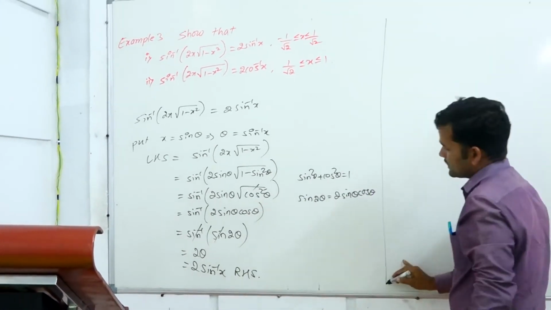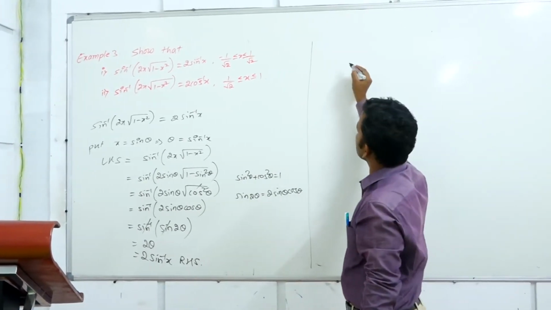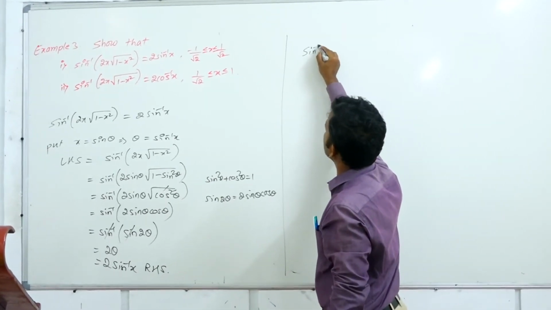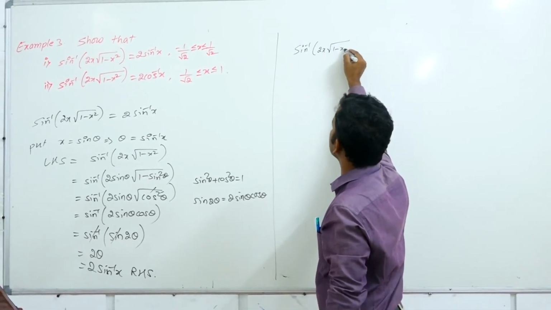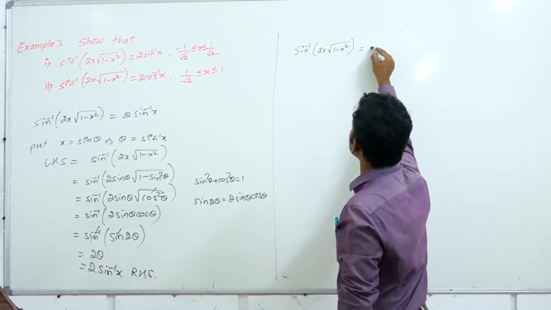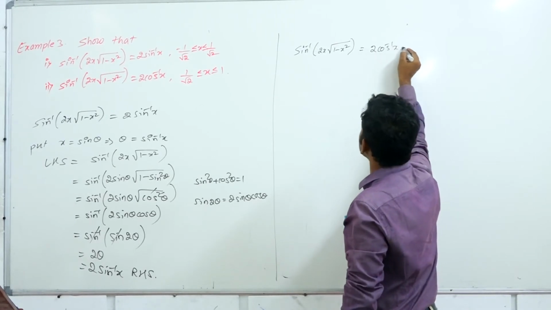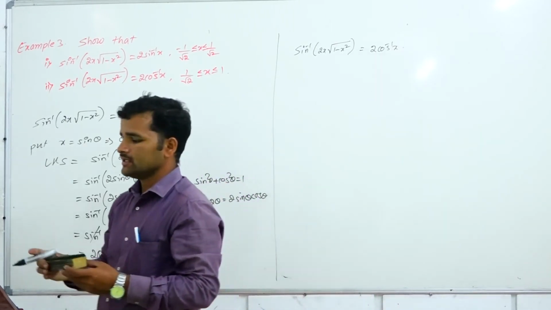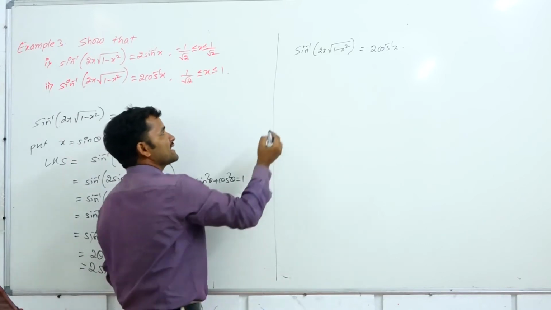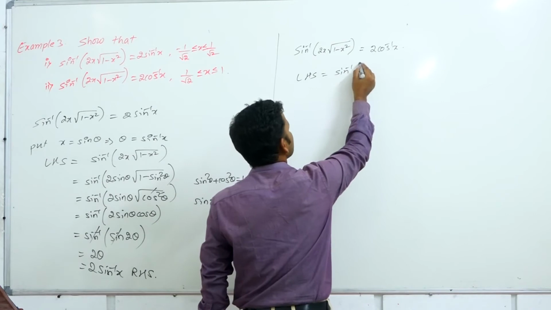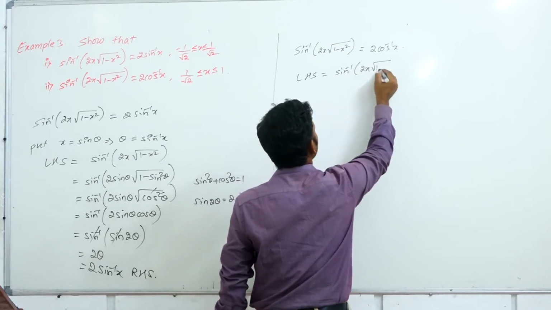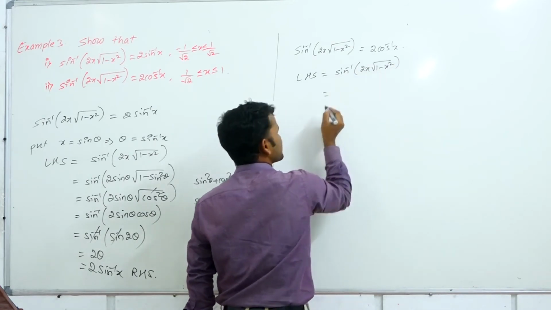Okay, now to prove the second problem, what is that? Sine inverse of 2x into square root of 1 minus x square is equal to 2 times cos inverse of x. Here what you do? Take LHS. LHS is equal to sine inverse of 2x into square root of 1 minus x square.